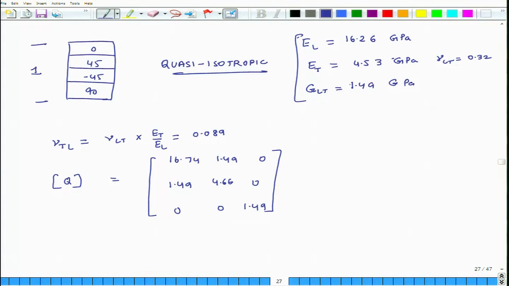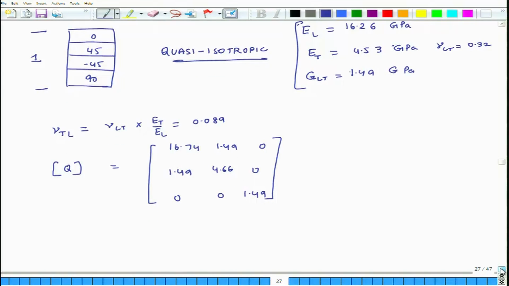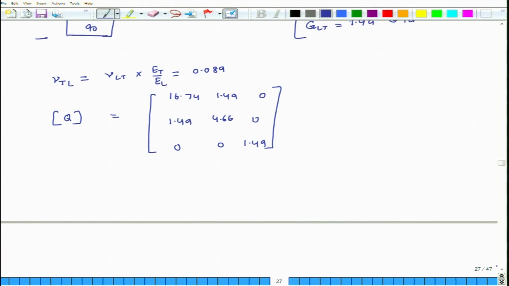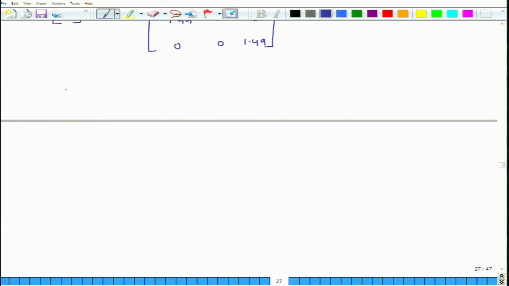Now, this has 4 layers: 0 degree, 45 degrees, minus 45 degrees and 90 degrees. So, we have to find Q bar for each of these layers, because to find the A matrix, I have to find first Q bar and then multiply by individual thicknesses. Q bar for 0 degree is same as the Q matrix.